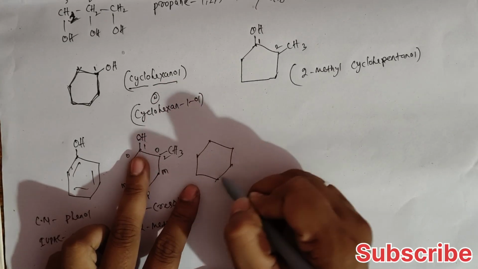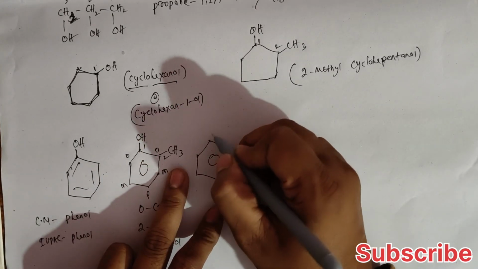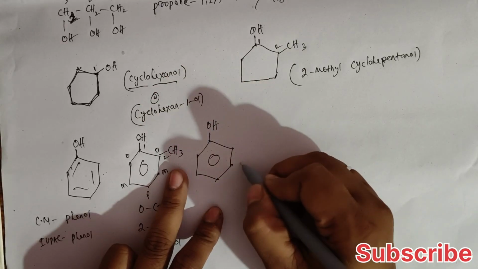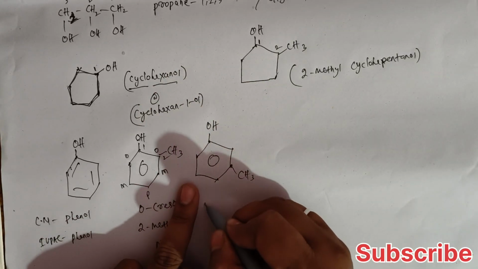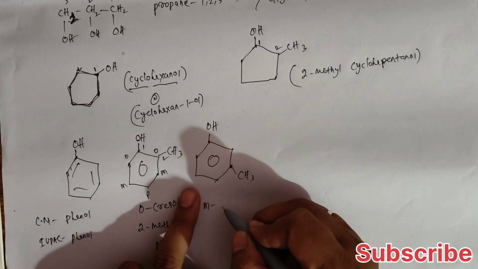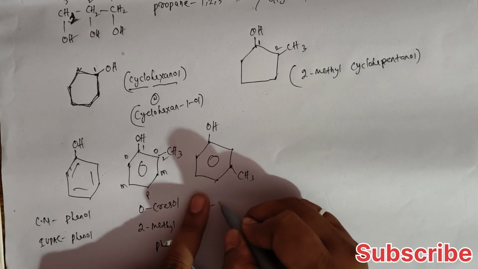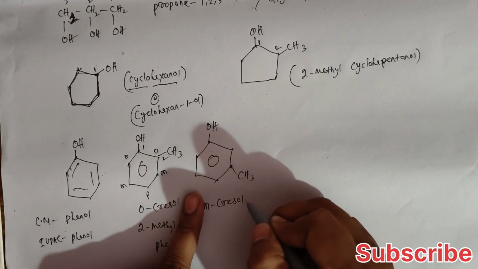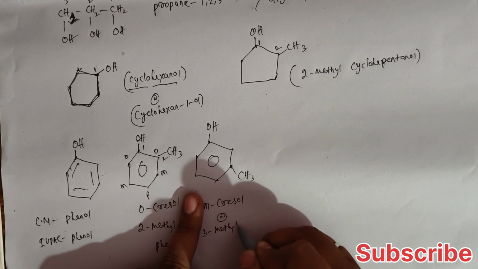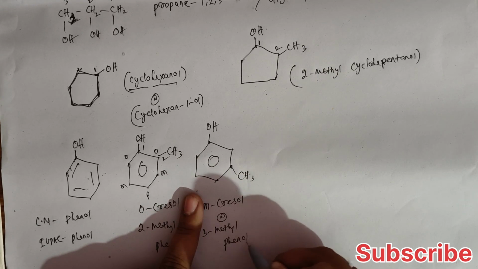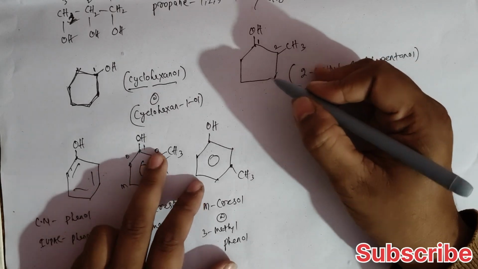Then here OH is, and here CH3. This is meta, metacresol. Why is it called metacresol? Because this compound can be named 3-methylphenol.